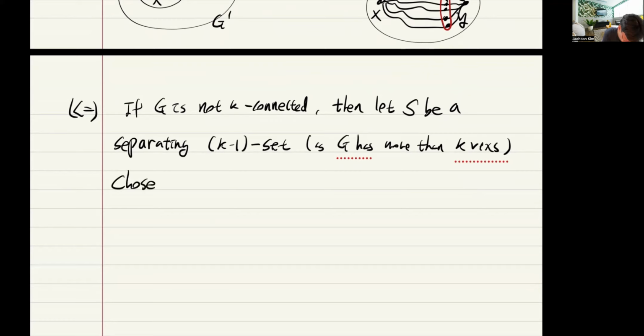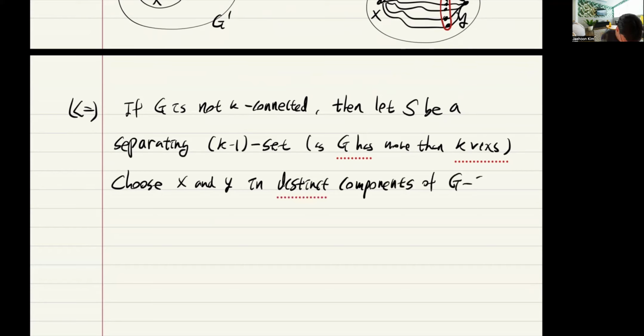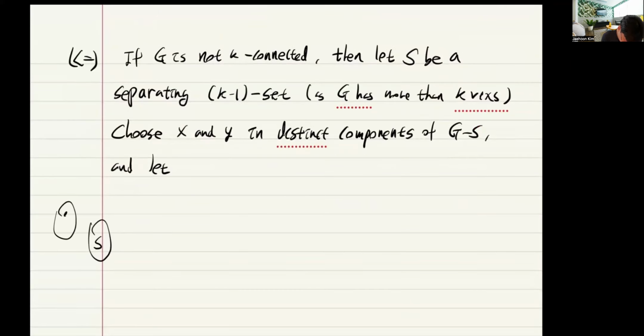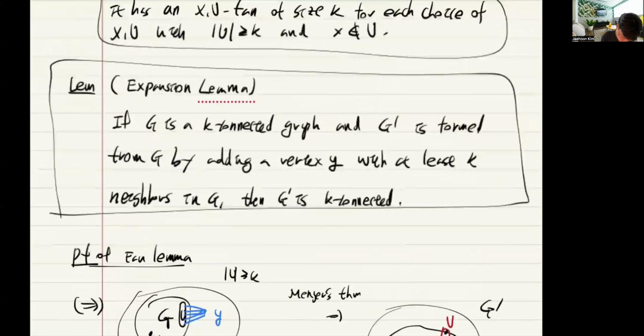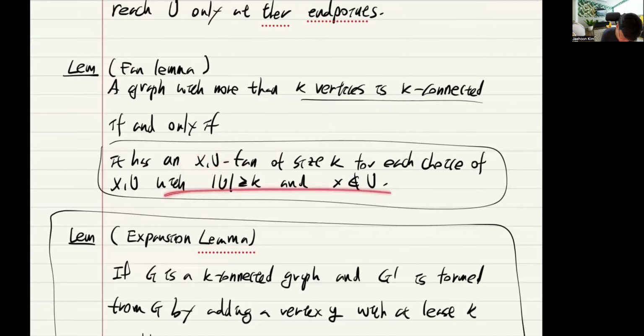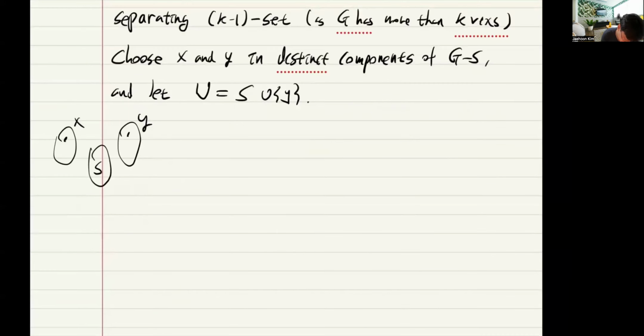We choose X and Y in distinct components of G minus S, and let U be S union Y. The contrapositive says that if it's not k-connected, there are certain choices of X and U such that the fan does not exist, and this is the choice.